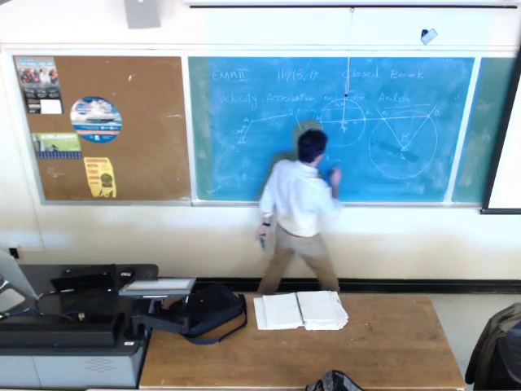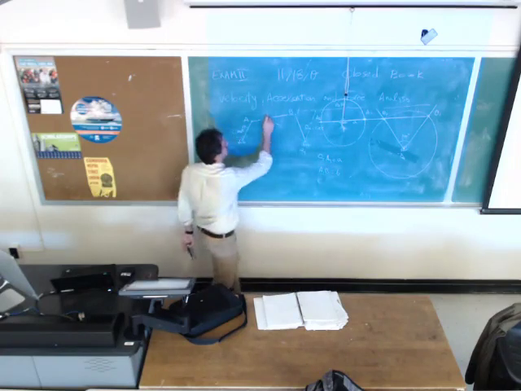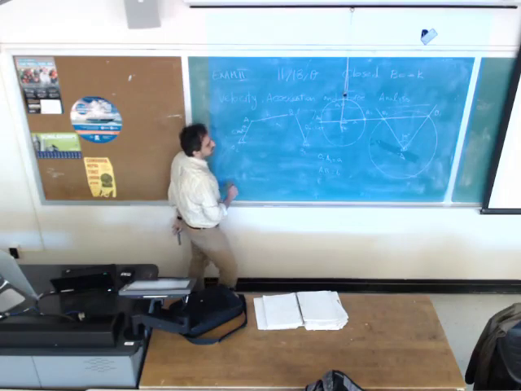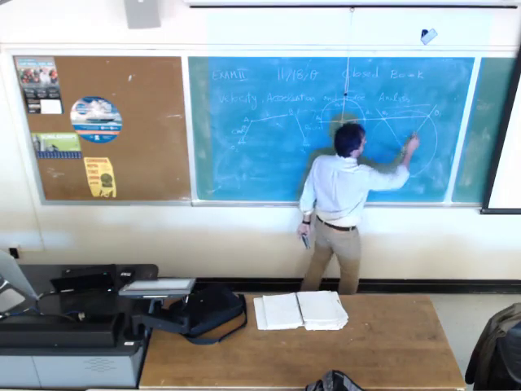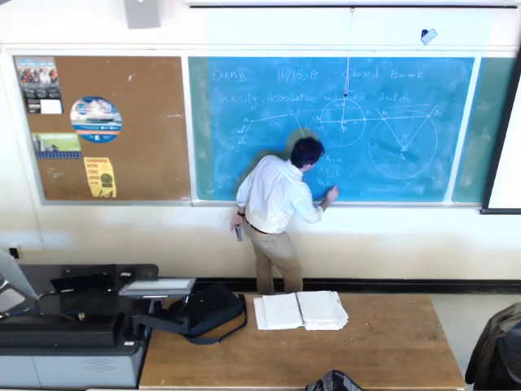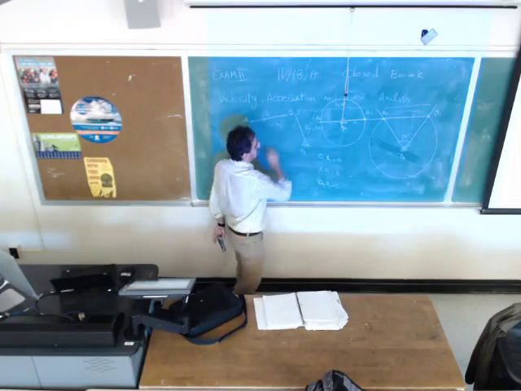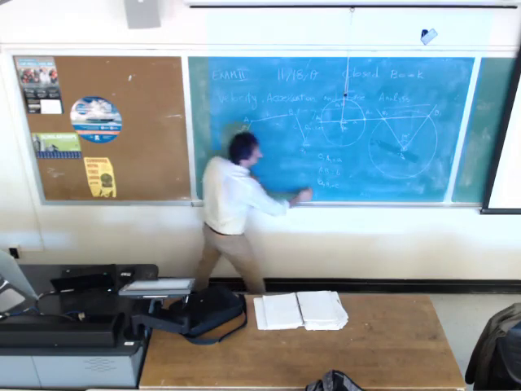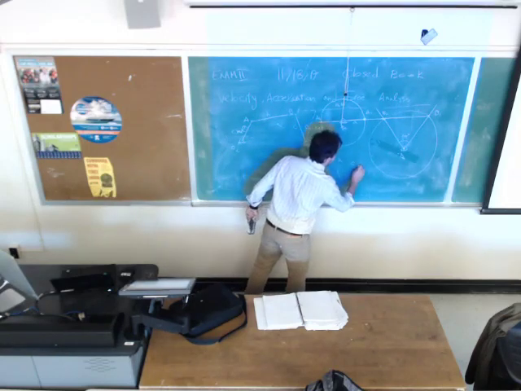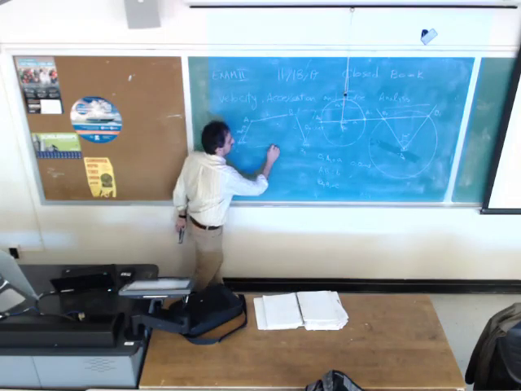A1 to B1 would be B, which is this one. B1 to O4 is C, which is this one. And O2 to O4 is going to be D, the ground.